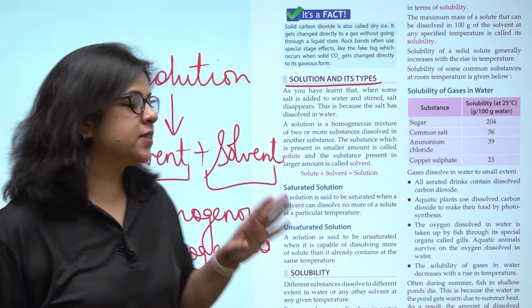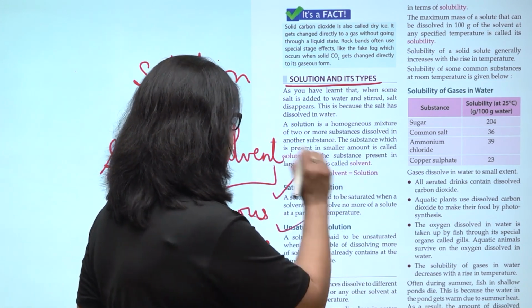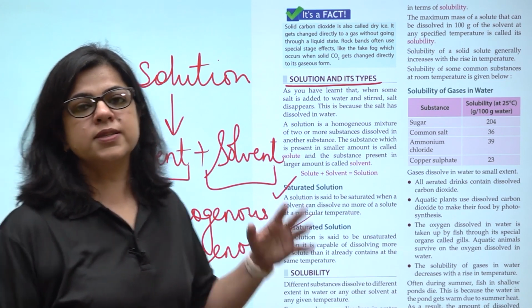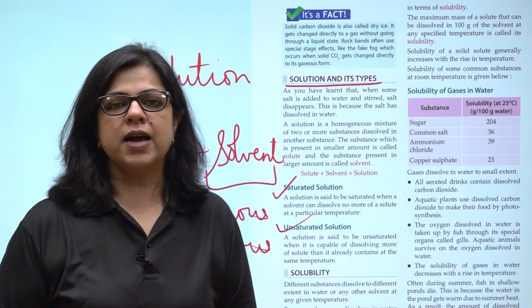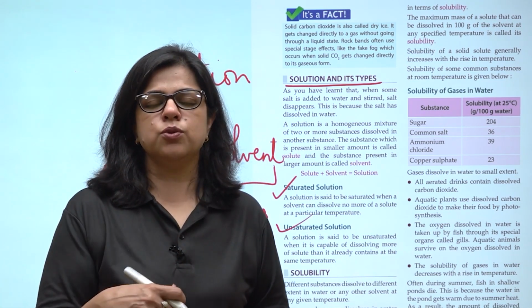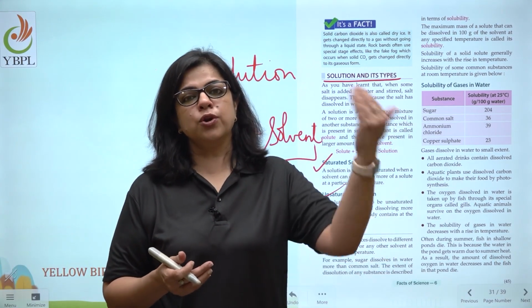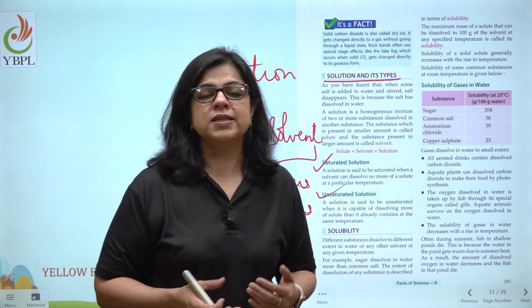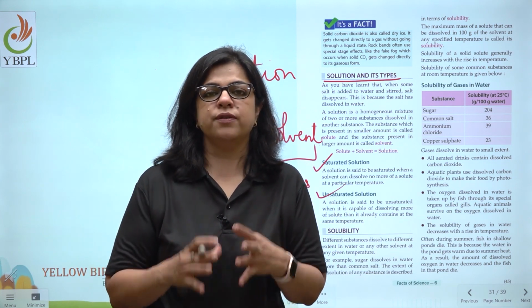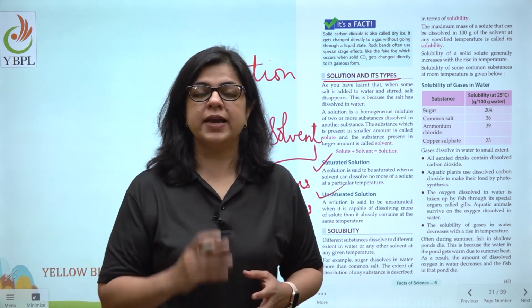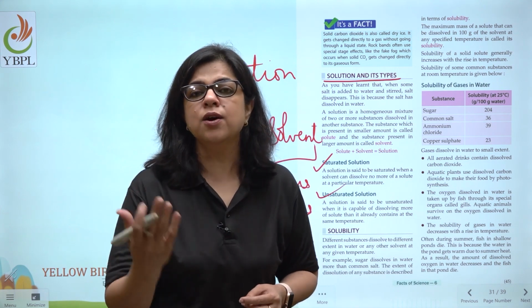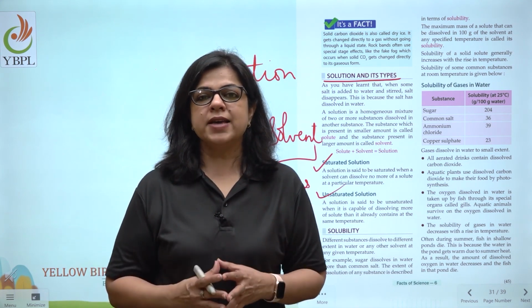Children, then come the saturated solution and the unsaturated solution. So, what is a saturated solution? For example, if you keep on adding sugar to water, you keep mixing it continuously and then you want to add more sugar, you will see that the extra sugar that you have added is not mixing. It is still floating in the water. Why does this happen?